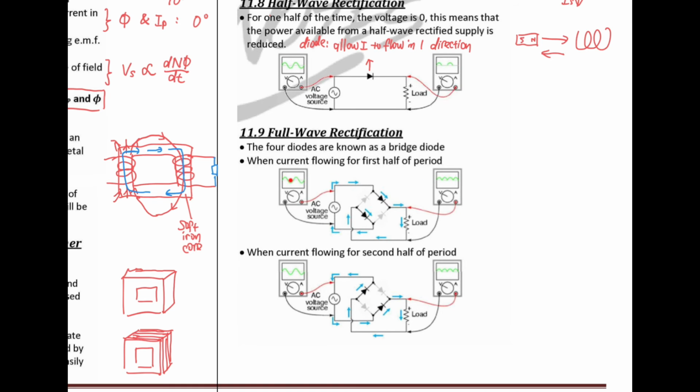Now when it's negative, that means the current will flow from the different direction. They flow down, come here. When they reach here, they cannot go this side because of the blocking by the diode. So they have to flow this way. When they reach here, they cannot flow this way because it's blocked by the diode. Then they flow here. And again, they are going down.